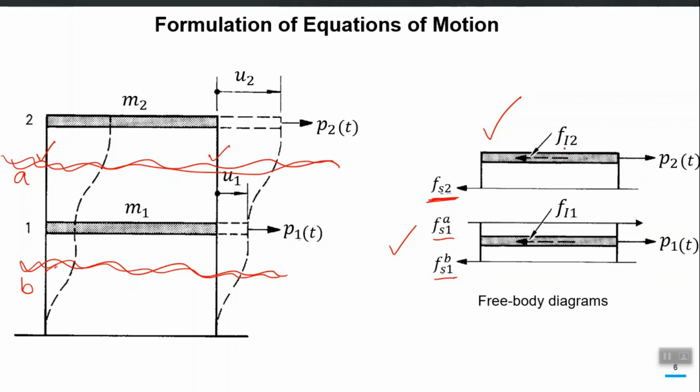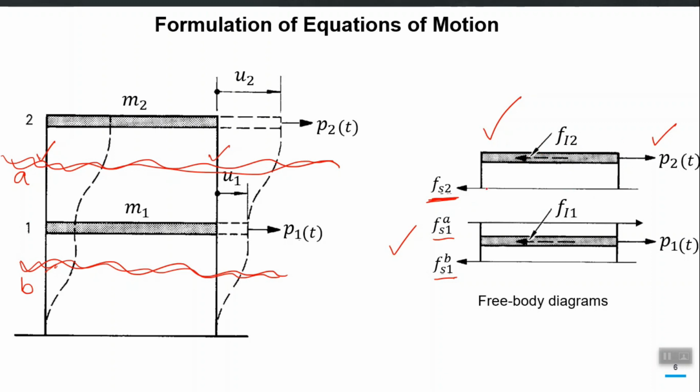The inertial force and elastic restoring force for the second story, if the applied loading at a particular instant is towards the right hand side, these two should be towards the left hand side, right, because they are opposing the effect of applied loading. So there are three forces in our first free body diagram.